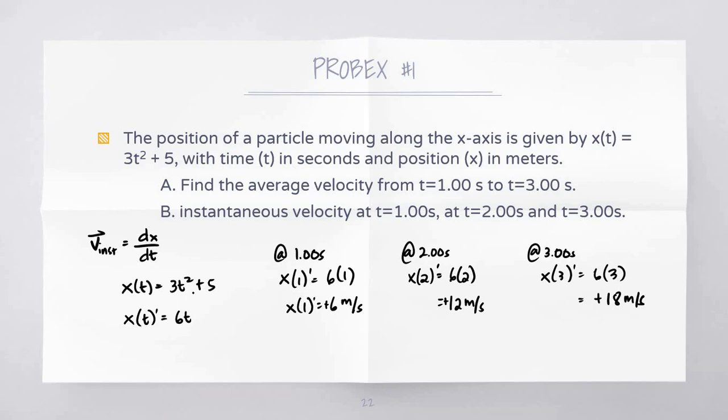So going back, what did we do first? To solve for the instantaneous velocity, you need to first find the derivative of the position function x with respect to time. In order to do that, you need to copy the exponent and multiply it to the coefficient. So 2 times 3 gives us 6.